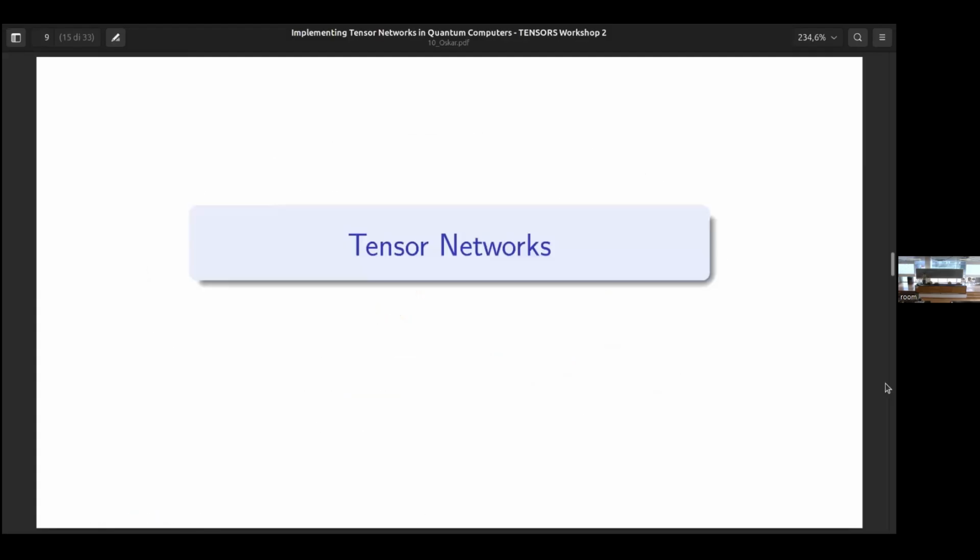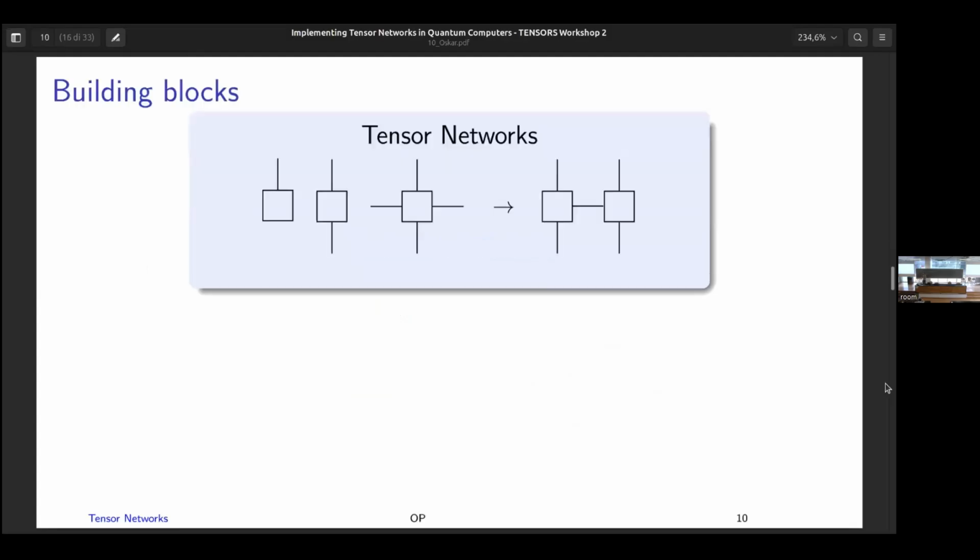So now let's look at how we want to encode tensor networks in quantum circuits. The building blocks of tensor networks, you probably all know them. We have a vector, a matrix, an order 4 tensor, and we can just glue them together somehow and we get a tensor network.